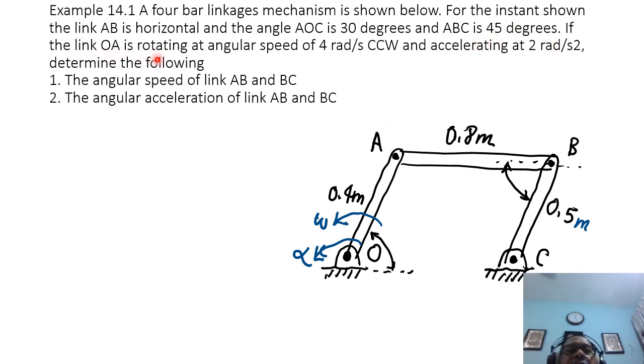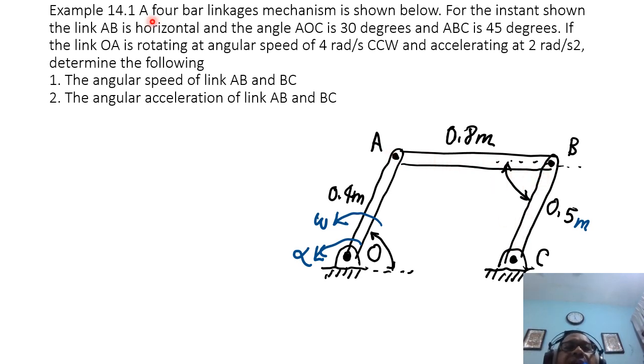If the link OA is rotating at an angular speed of 4 radian per second counterclockwise and accelerating at 2 radian per second square, accelerating being positive according to the direction of the velocity, determine the angular speed of link AB and BC, and the angular acceleration of link AB and BC. In this case, the input is the link OA. We want to know the acceleration and the velocity of link AB and link BC.